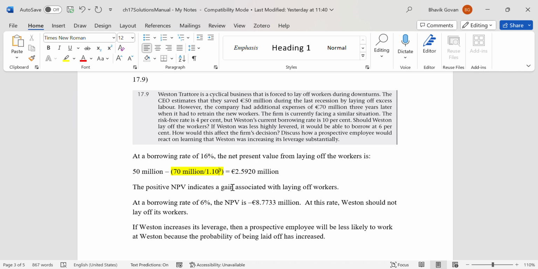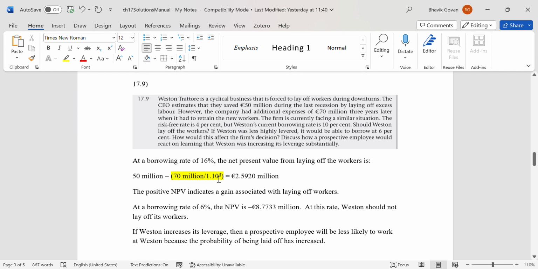If they increase their leverage, then a prospective employee will be less likely to work at Western because the probability of being laid off has increased. So that's basically 17.9.